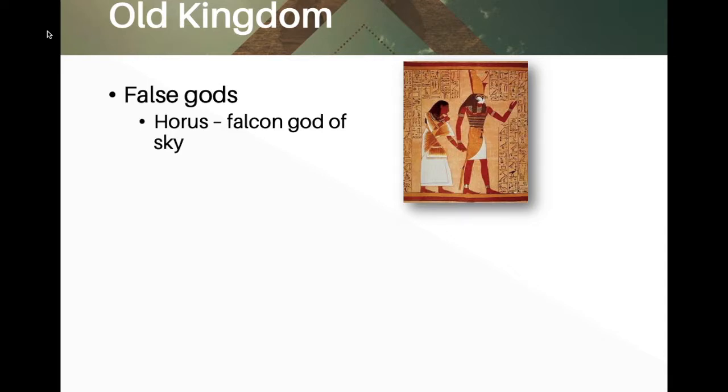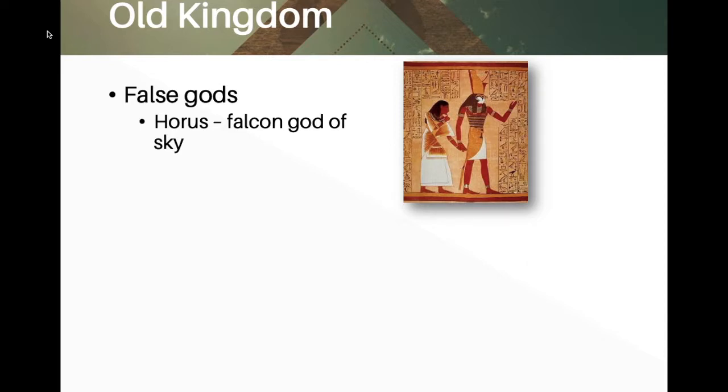Later rulers viewed Horus as an offspring of Amon, a sun god, and Pharaoh was basically looked at as the son of the sun god, S-O-N, of the sun god, S-U-N.